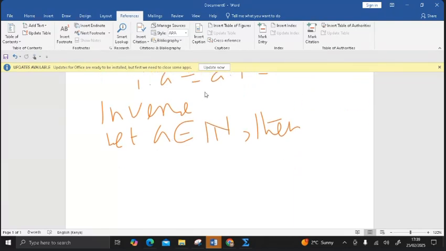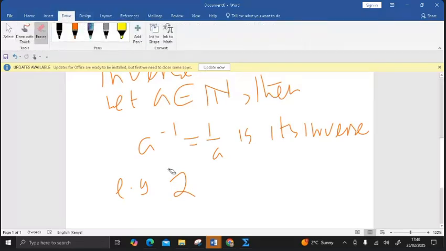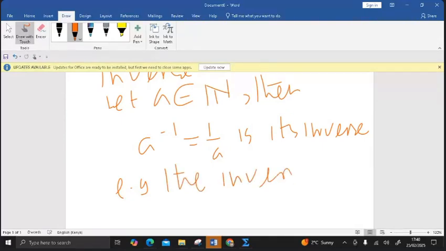Now, when we talk about inverse, let A be a natural number. Then A inverse, which is the same as 1 over A, is its inverse.